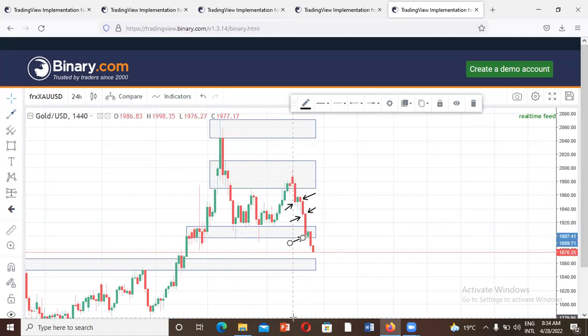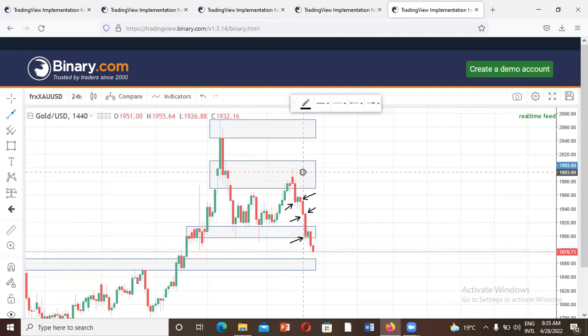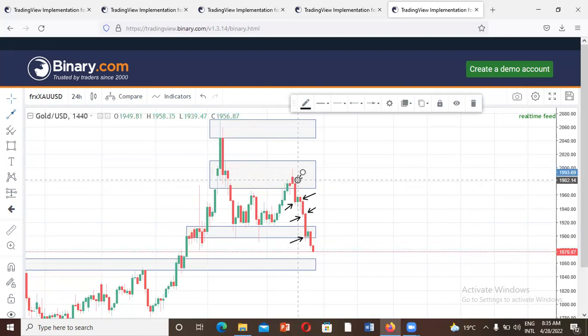So basically that is how it's done. But for other guys, they'll just enter and hold it from resistance to support or to their TP area. And that's it.